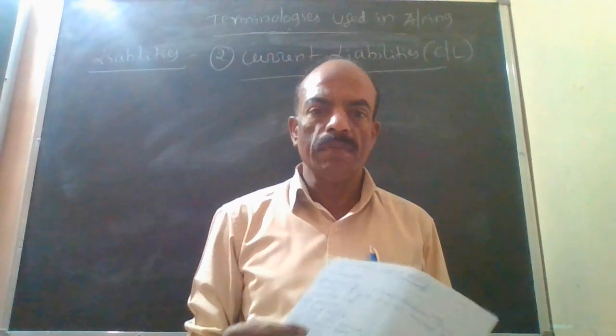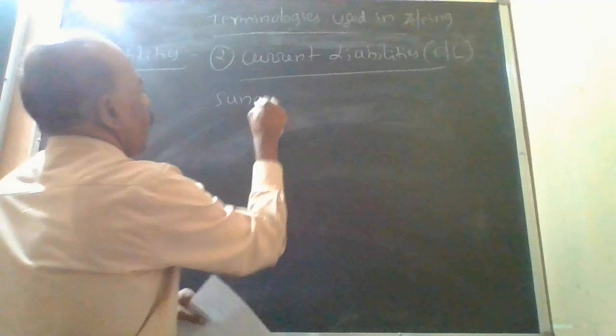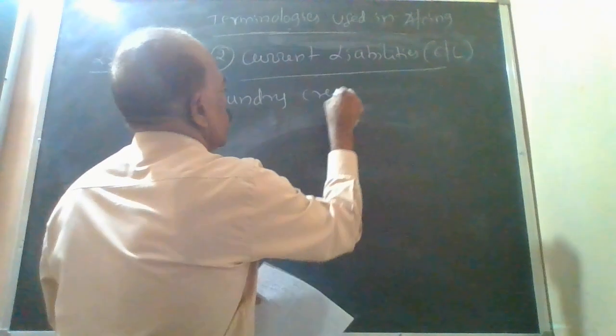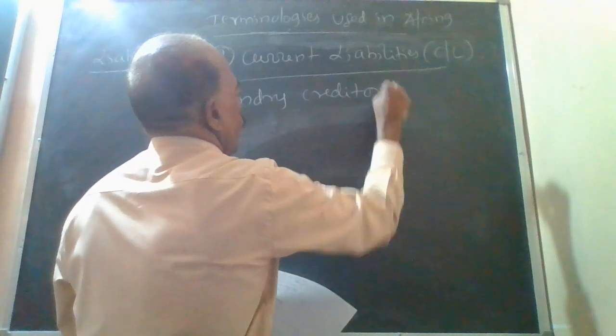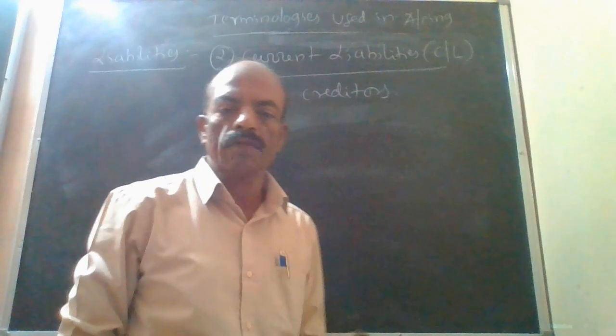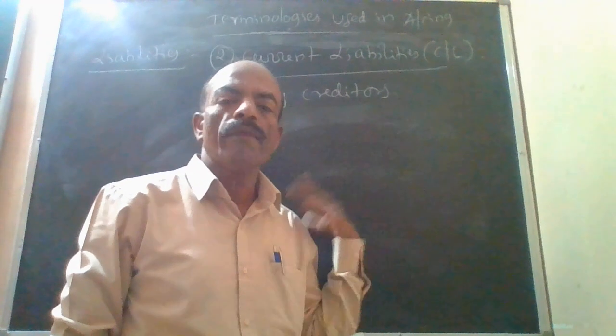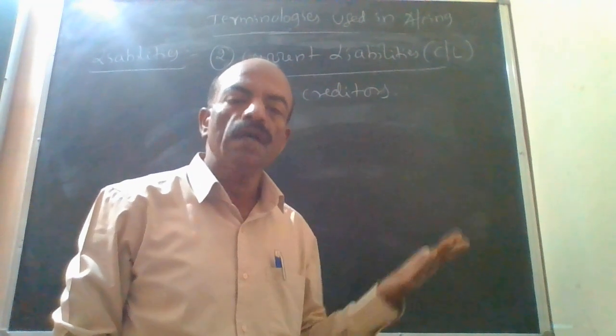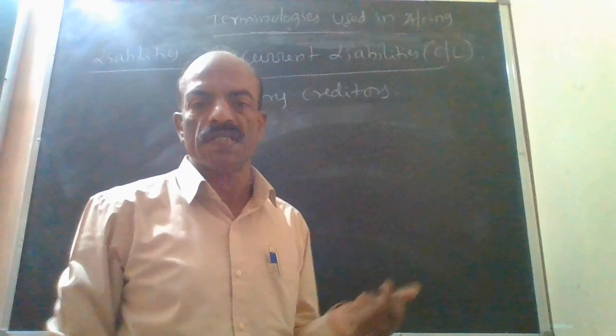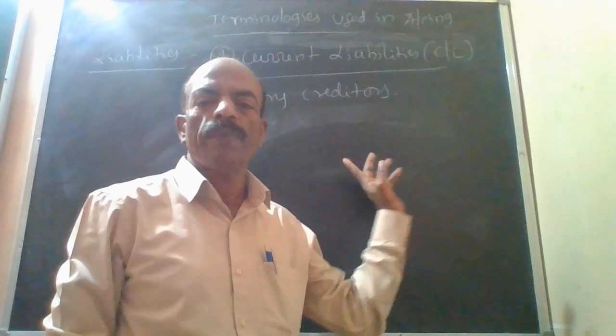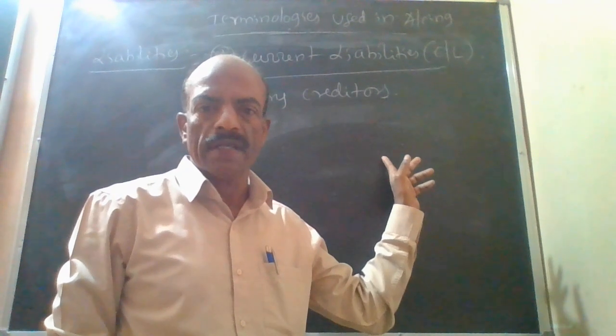What are the current liabilities? Sundry creditors. I already explained that the question of sundry creditors arises when our business purchases goods on credit basis. So we have to pay; that is our liability. Understood?